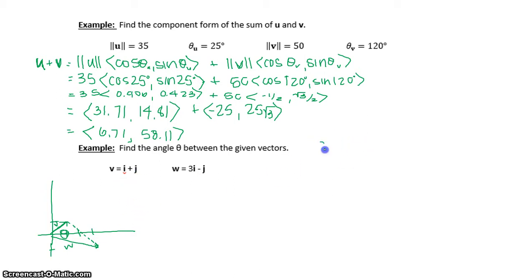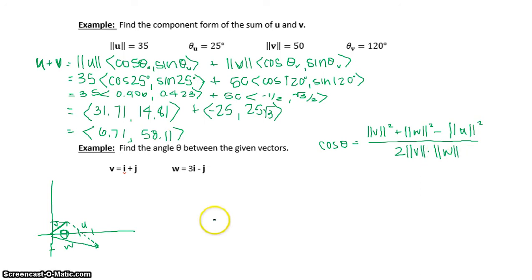So if you remember trying to find the angles, cosine of theta is going to equal the length of v squared, so that's actually the magnitude, plus the length of w squared, so again that's the magnitude, minus the length of, we'll call this u, of u squared, since that's the side across from the angle, all over 2 times, and instead of a and b, it's my lengths of those two sides, so magnitude of w and magnitude of v. So let's plug those in. You might want to know this formula, by the way.